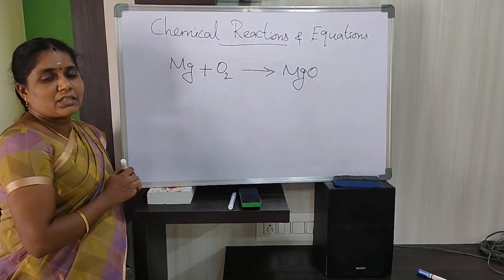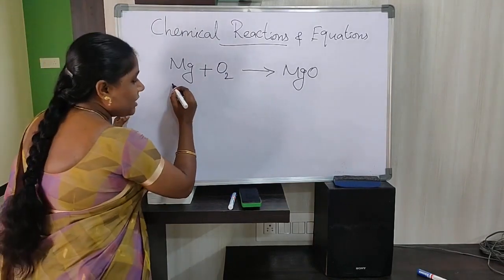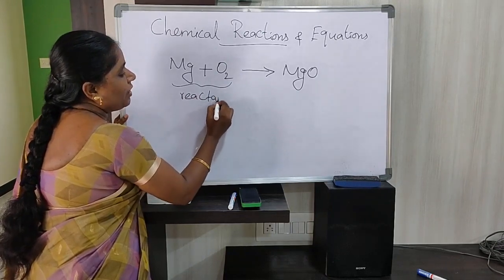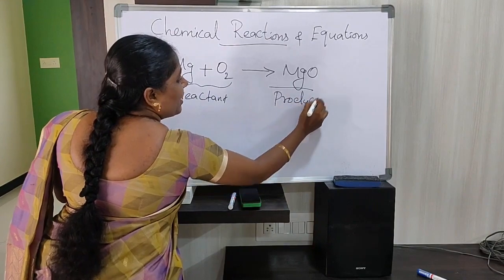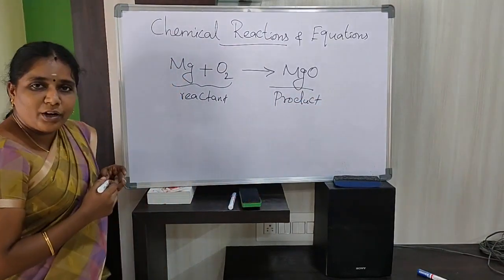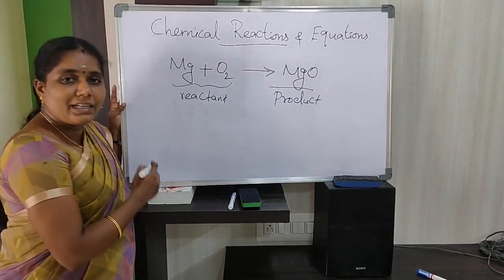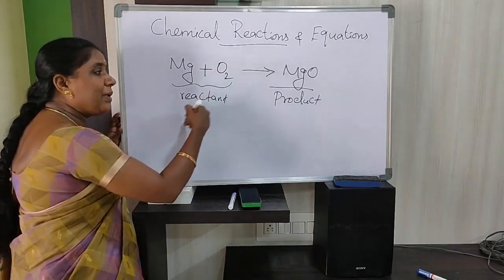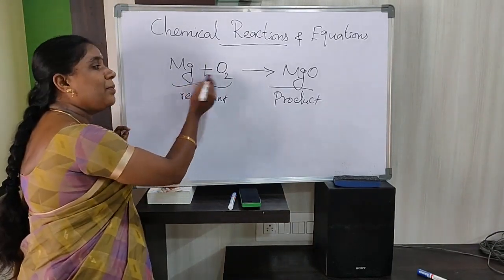During this chemical reaction, we have to know about two parts: the first part is the reactant part and the other part is the product part. What is meant by reactant and what is meant by product? Reactants are the substances which take part in a chemical reaction.